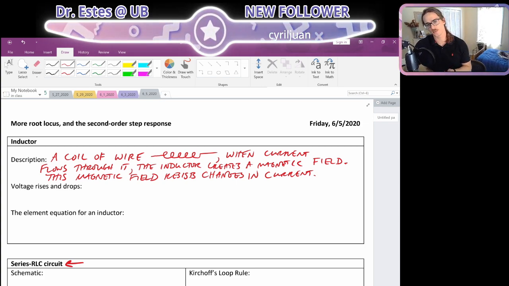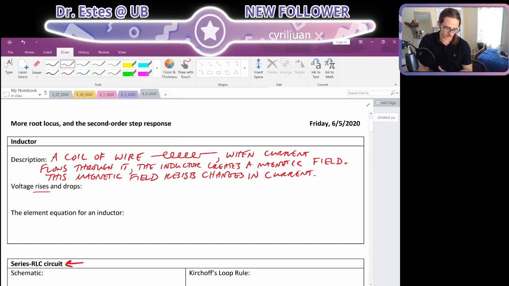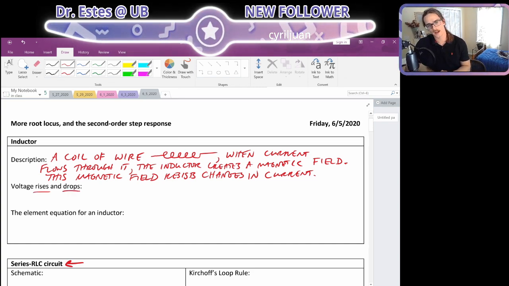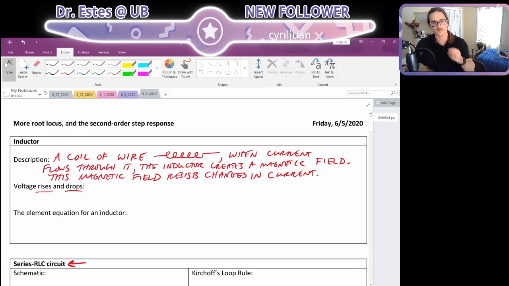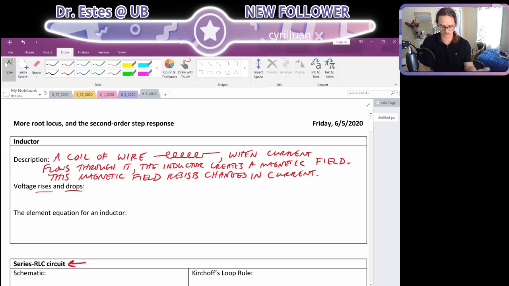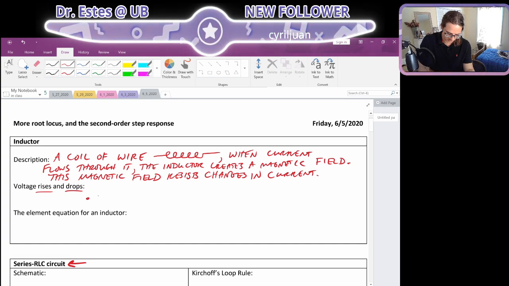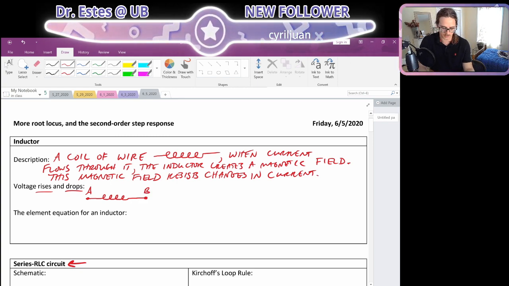Just like we did with resistors and capacitors, we're going to define how this functions in a circuit with how voltage rises or drops going across the element. It's pretty much the same as resistors and capacitors. Let's say we have points A and B, and this is our inductor.